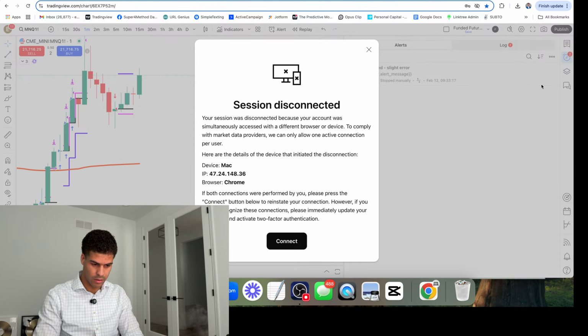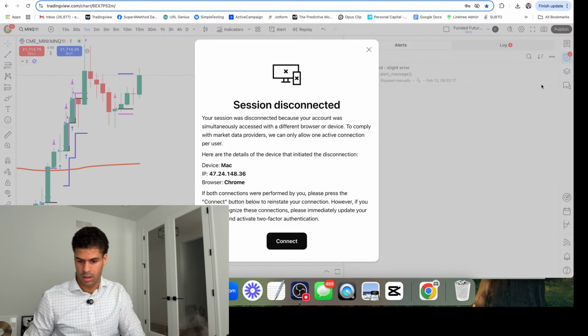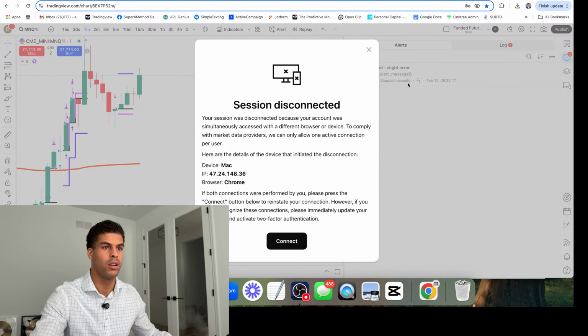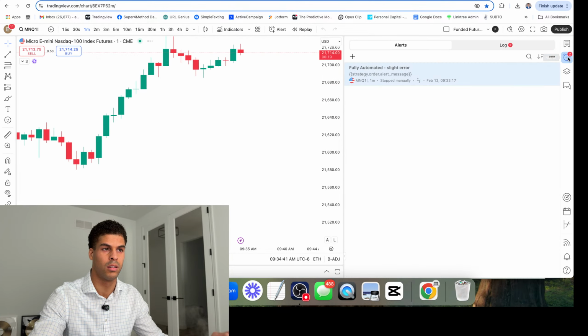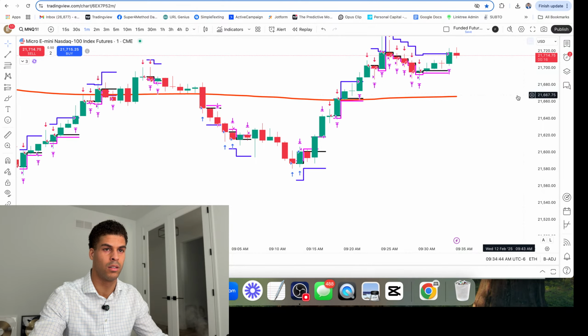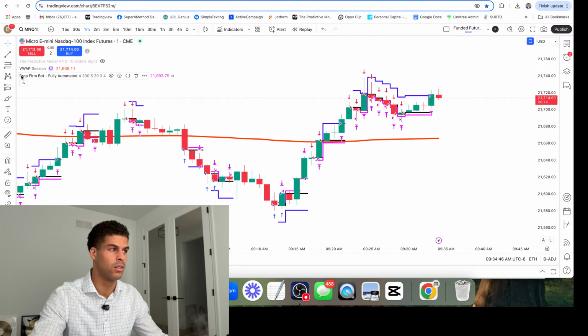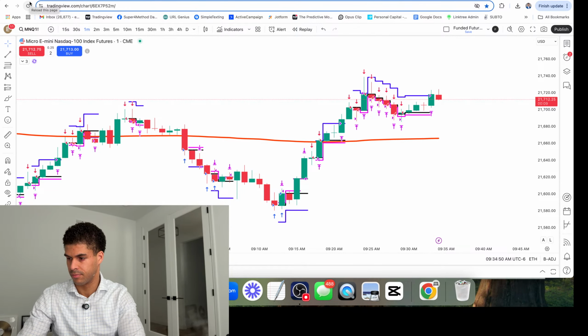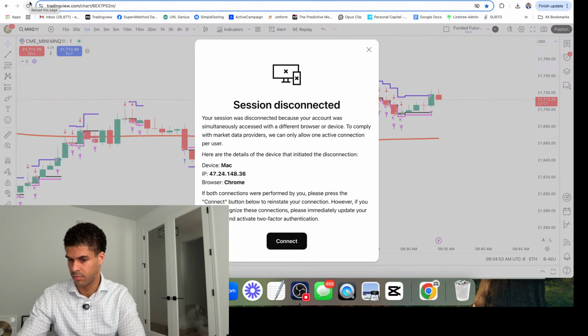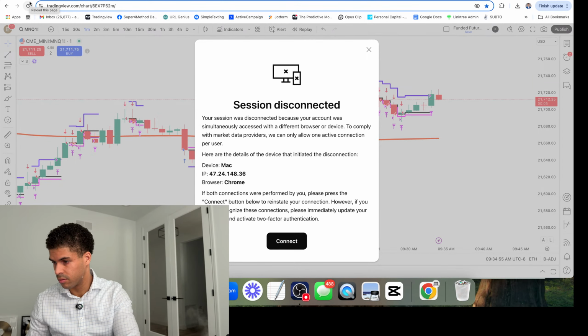Just save this. Full auto version 2. Save really quick, and then I should be able to jump up and go here, and then do this. Full auto.